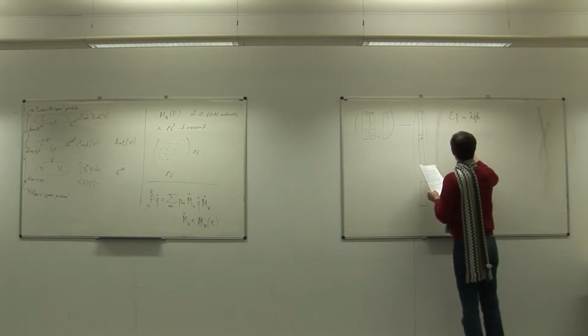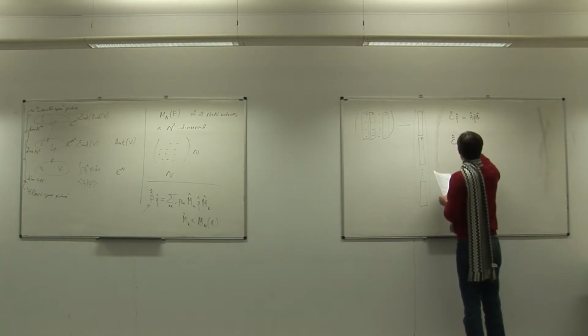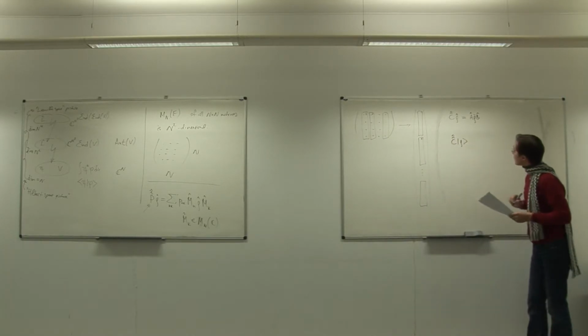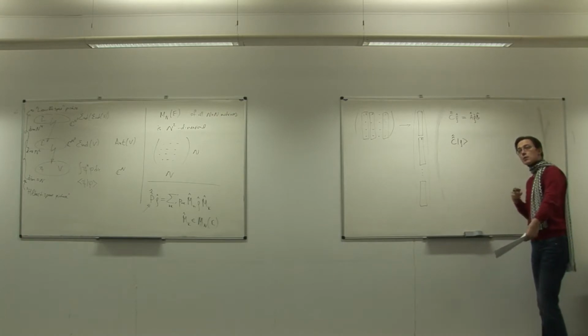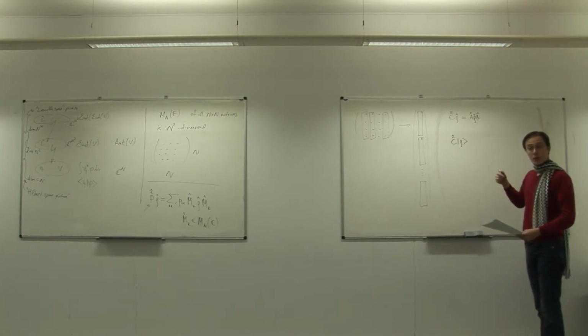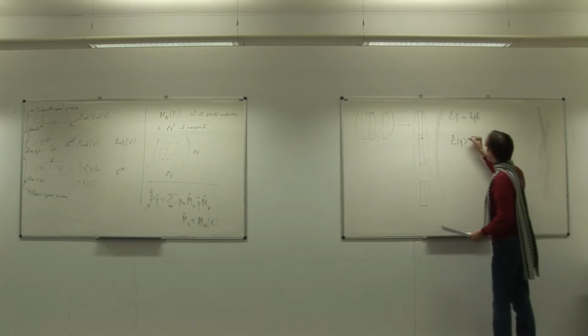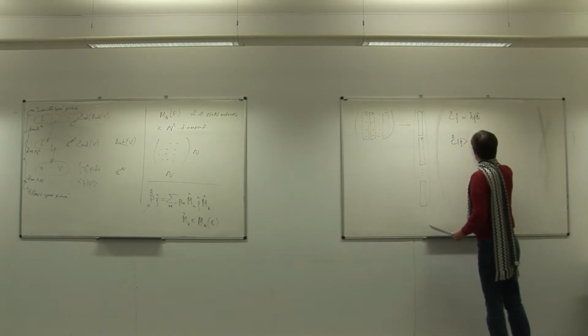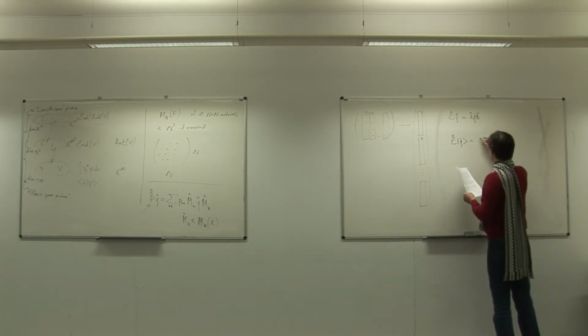C double hat acting on rho, and I will use Dirac bracket for a stretched representation because it is then a vector, and this is a standard notation for the vector in quantum mechanics. So rho is the following.